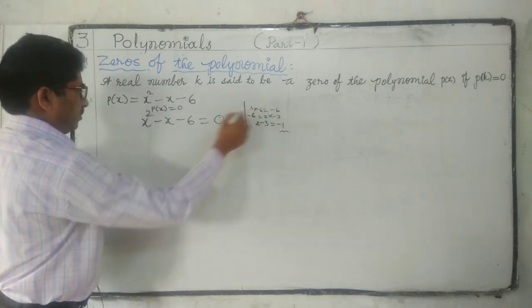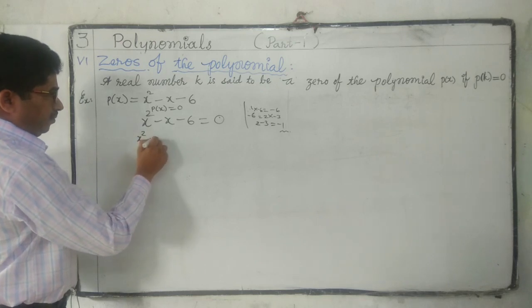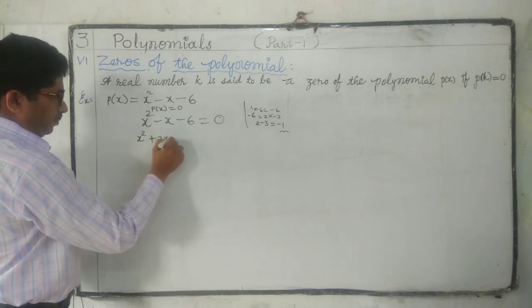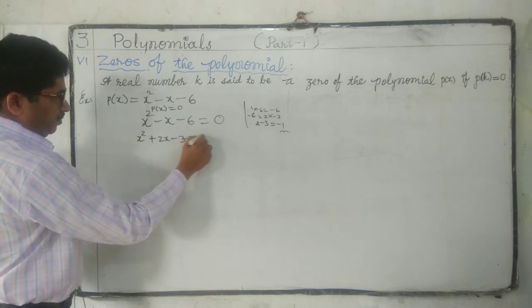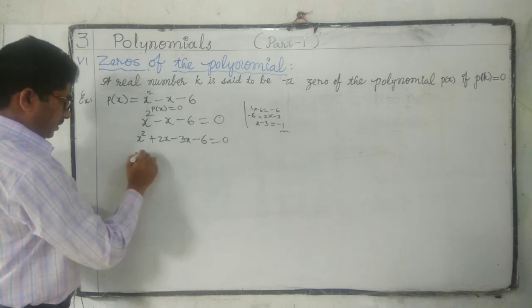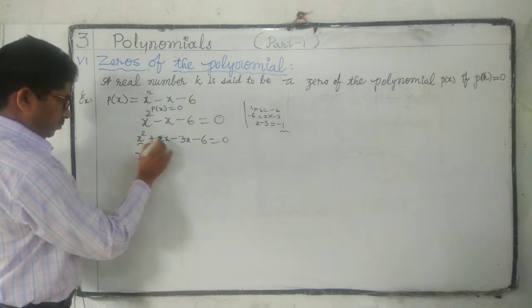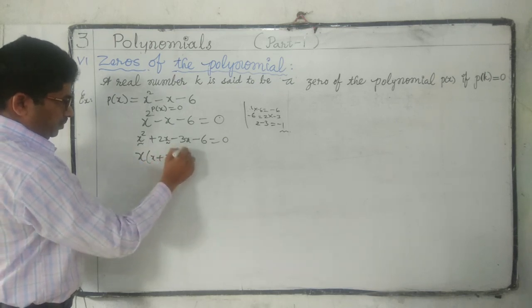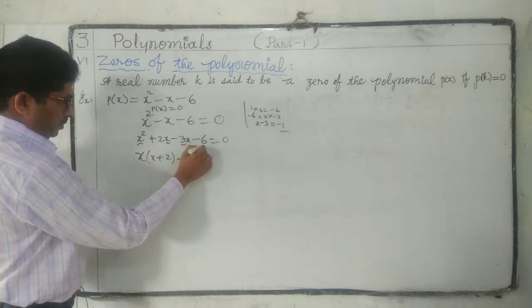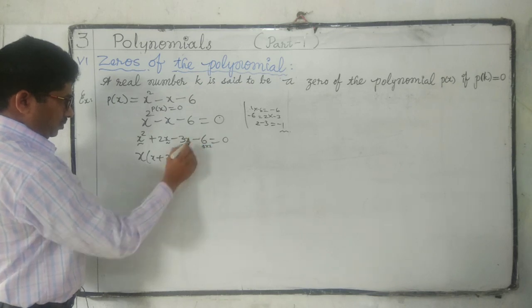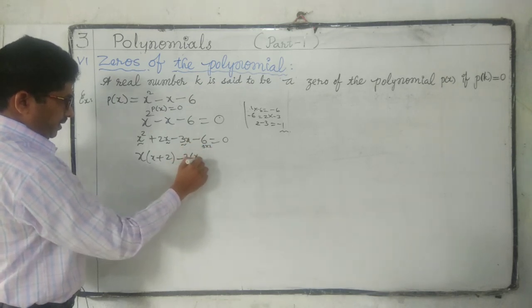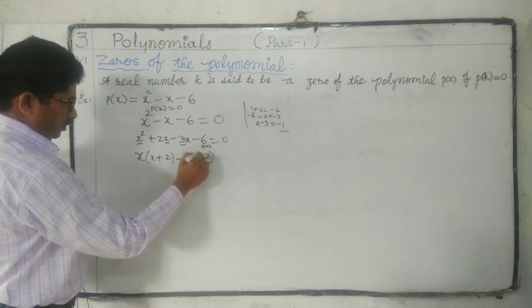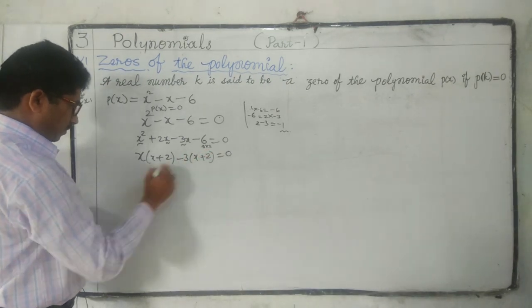So x square plus 2x minus 3x minus 6 is equal to 0. In this, x is common: x into x plus 2. In this, minus 3 is common: minus 3 into x plus 2 is equal to 0.